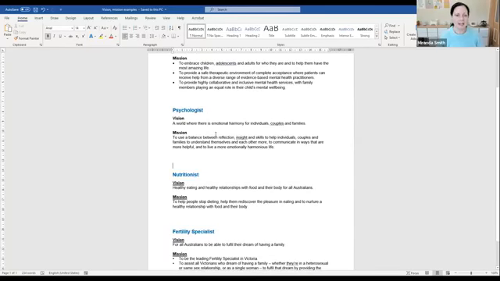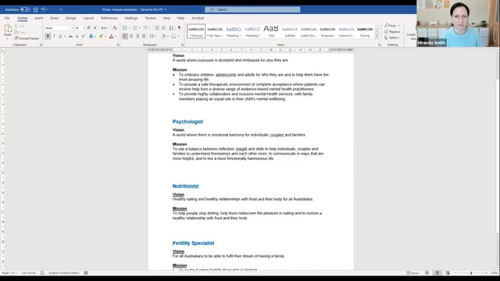And then another psychologist, their vision is a world where there is emotional harmony for individuals, couples and families. And their mission is to use a balance between reflection, insight and skills to help individuals, couples and families to understand themselves and each other more, to communicate in ways that are more helpful and to live a more emotionally harmonious life.